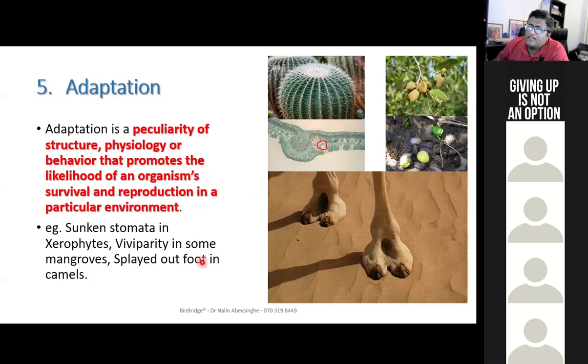Then viviparity in some mangroves. Viviparity. We are anyway viviparous animals. We give birth to fully formed organisms, right?